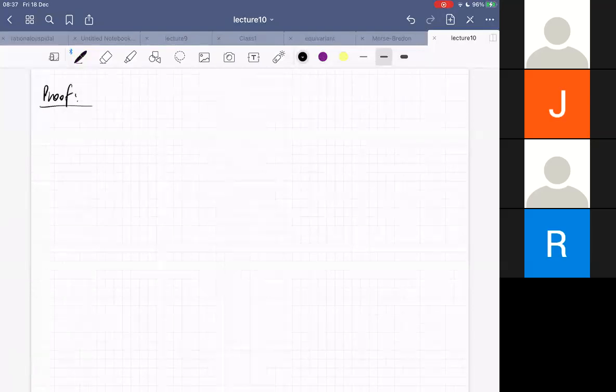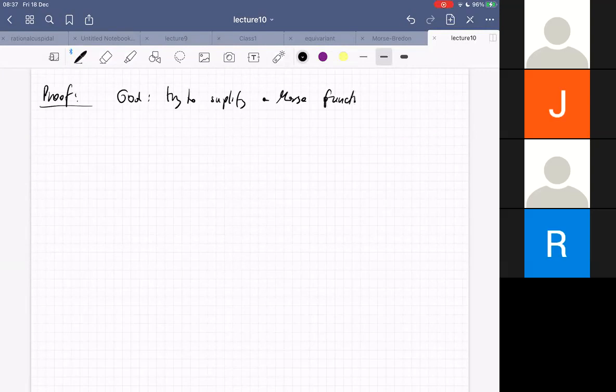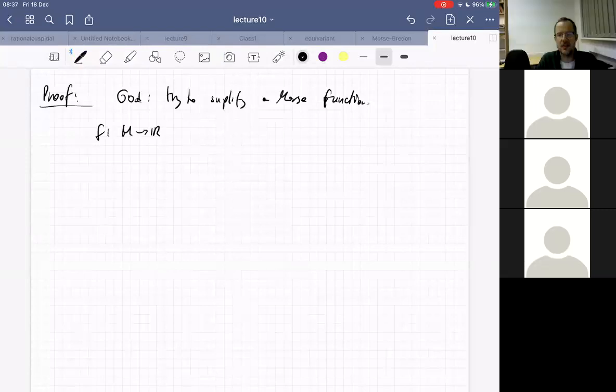Well, our proof is to try to simplify a Morse function. So take a Morse function on M, f from M to R, any Morse function, and then try to simplify it over and over to make sure that it has precisely one minimum and one maximum.